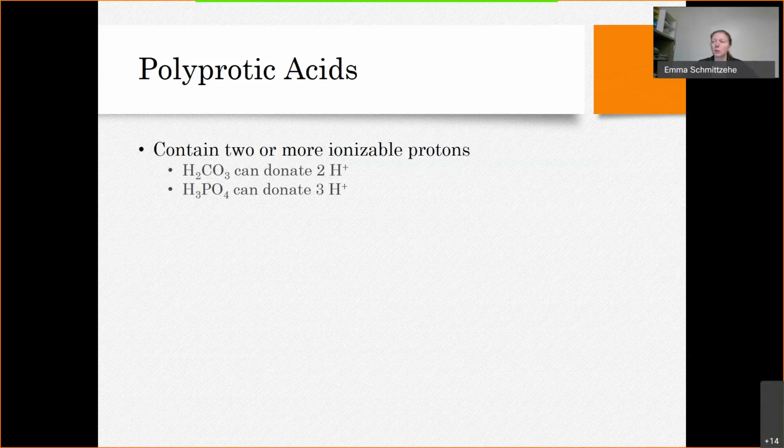Okay, so let's get going. Last time we were talking about acids and bases, just general stuff. Now we're going to finish up the general stuff. We'll talk a little bit about polyprotic acids, then go into the quantification of acid-base strength, and then our last topic will be buffers.